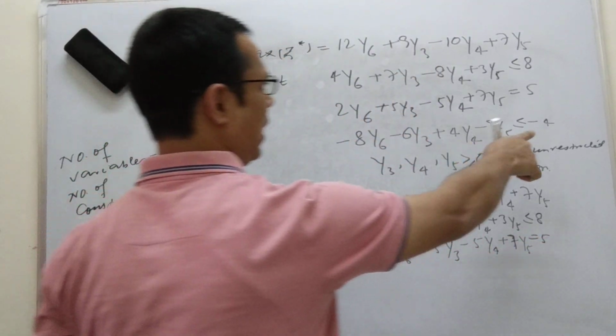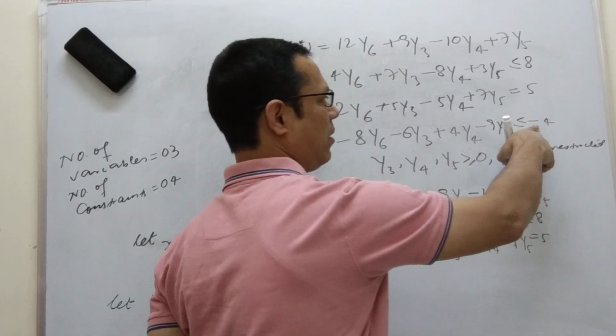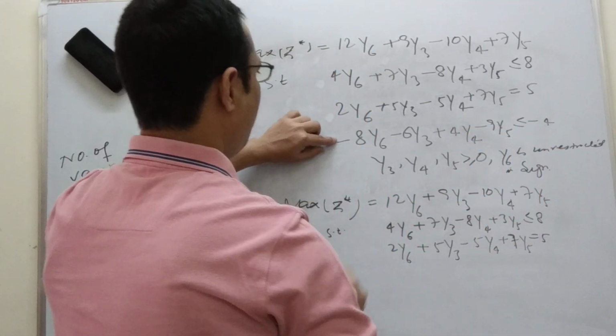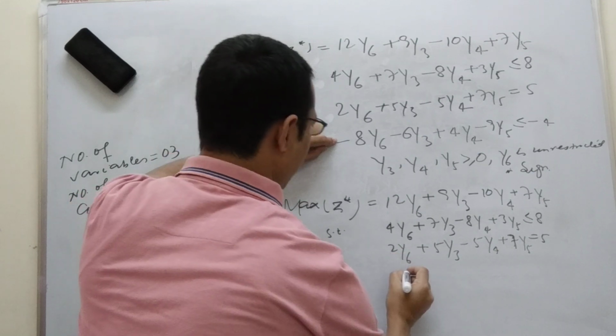But here you will see at the right hand side you are getting a negative sign, so you need to replace it with its positive. So you need to multiply both sides by -1.